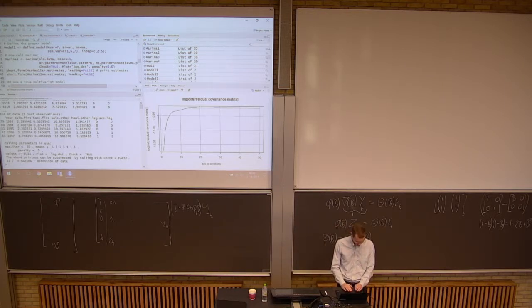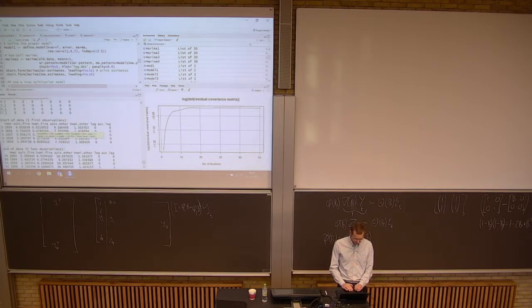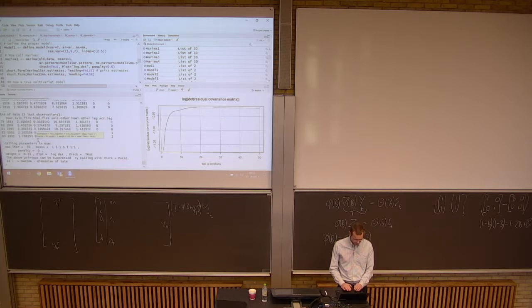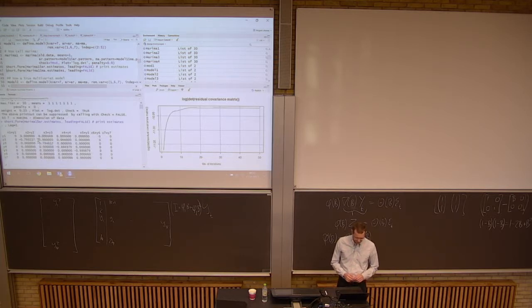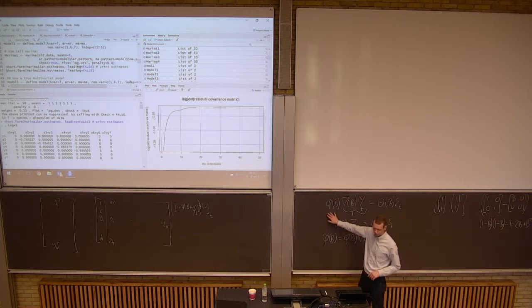And then the rest of the output over here is basically, I did not print it out. No, that's something different. That's just showing part of the data. Now, what we want to look at are the coefficients in here. So we get some negative value here. But remember that we have it on the operator form.